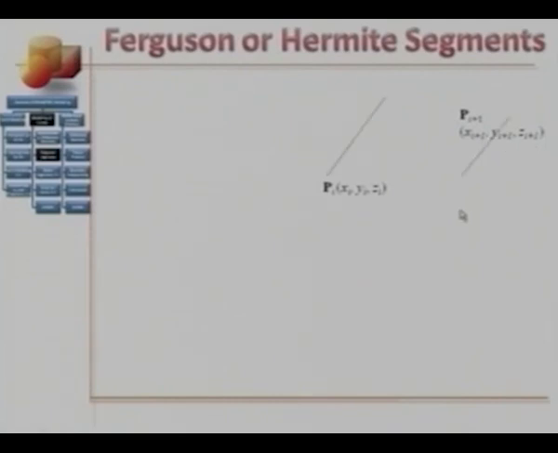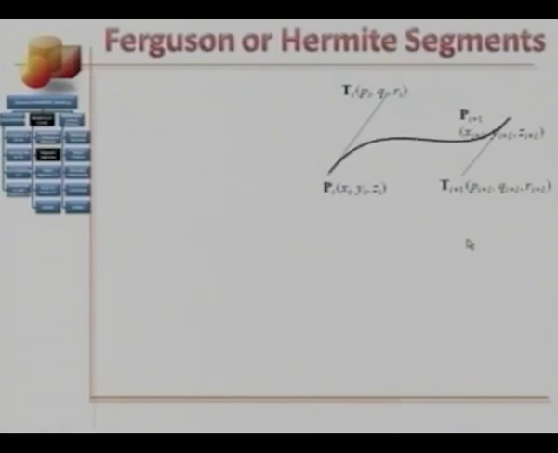In addition, he or she also specifies the slopes at these data points. The slopes are denoted by t sub i and t sub i plus 1. The x, y, z components are pi, qi, ri, and pi plus 1, qi plus 1, and ri plus 1.